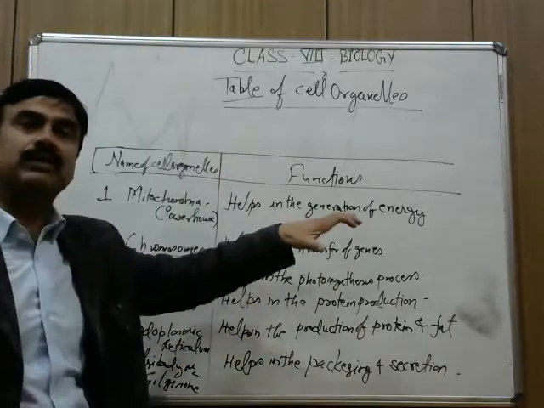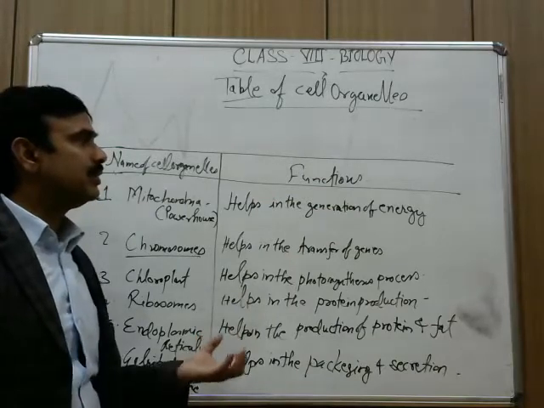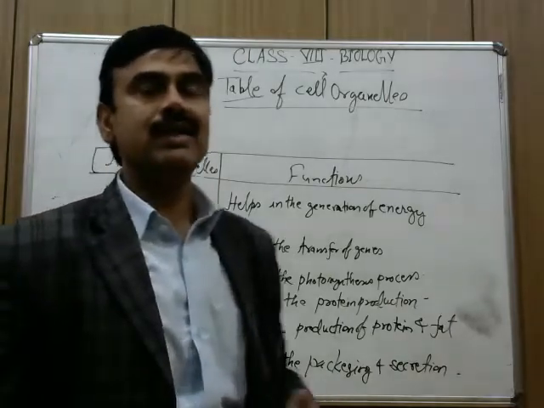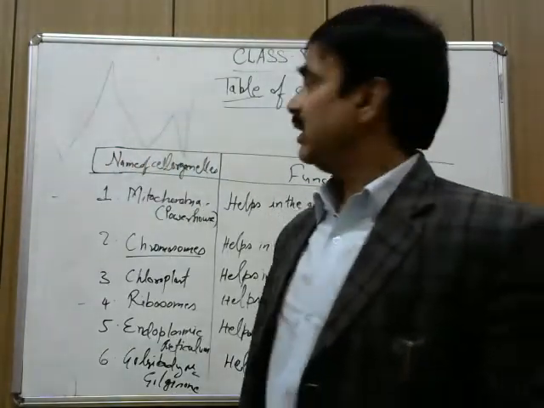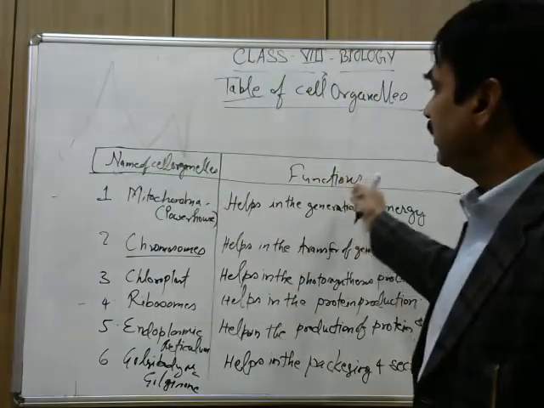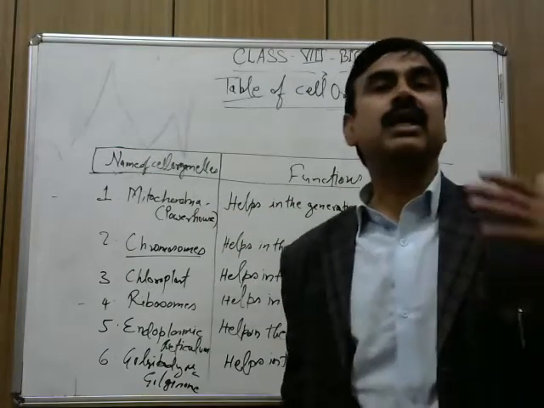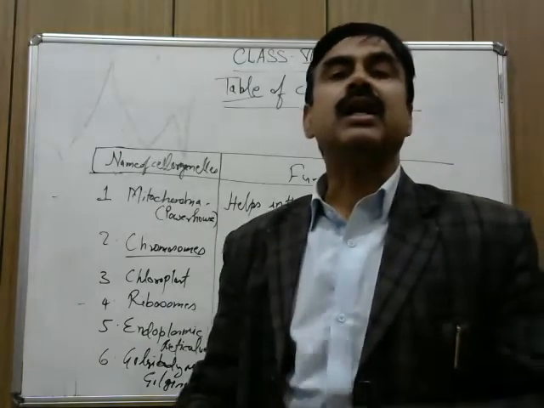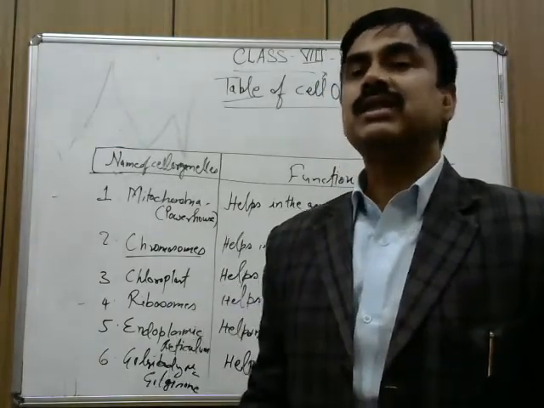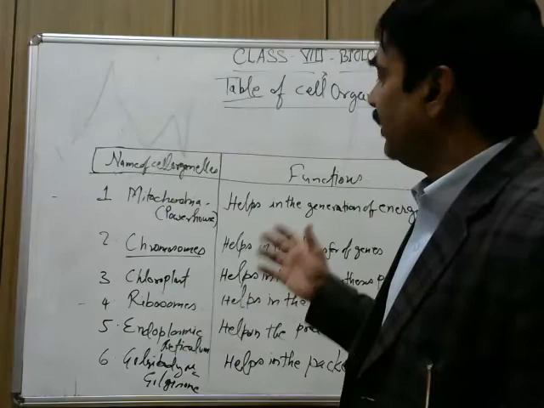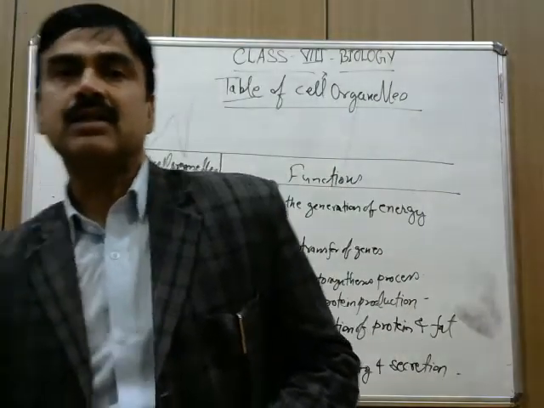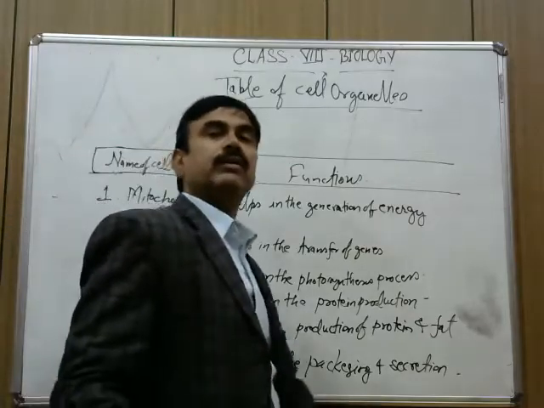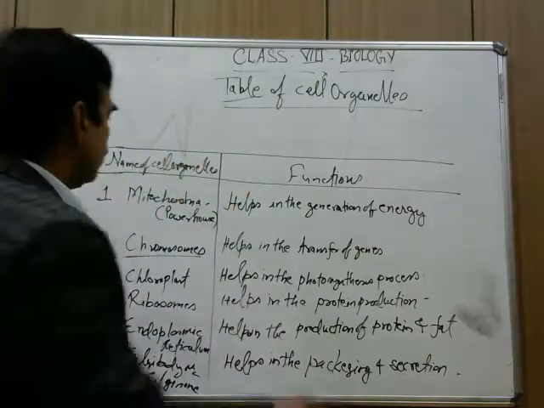So you have to prepare two tables: one table for the different cell organelles with their functions, the name of cell organelles and the function, and the second table with any 5 differences between plant cell and animal cell. So when you start, you have to make the table, right? At the last session, I will start the assignment.